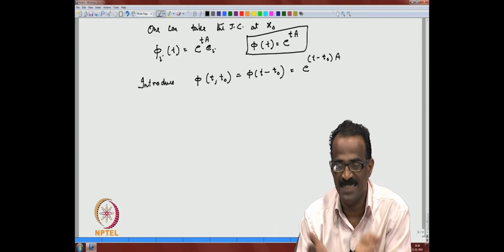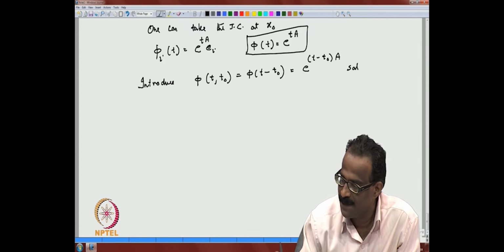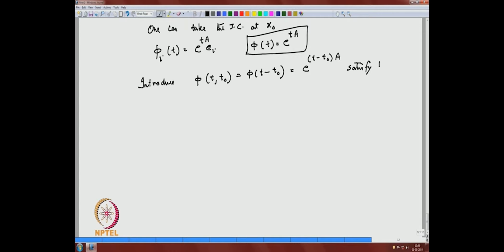That is all the difference, we just translated. It satisfies the matrix differential equation d by dt of phi, to avoid that t naught, which we are going to vary, phi t naught, is nothing but A of phi t naught. t naught is fixed, t is varying, with the initial condition at t naught, phi t naught is identity, you see, that is the thing.